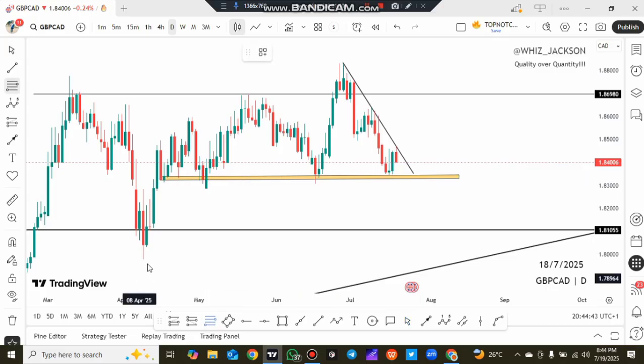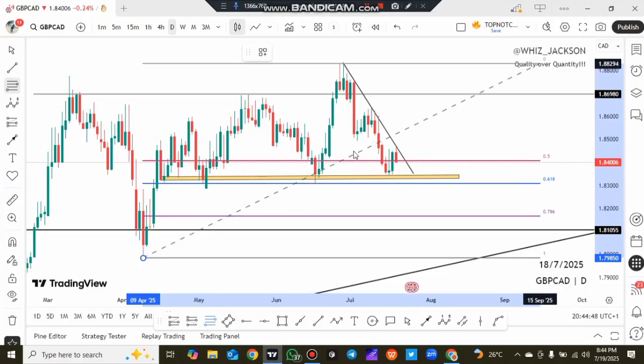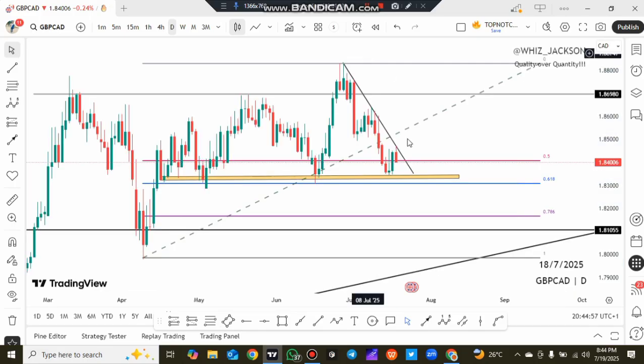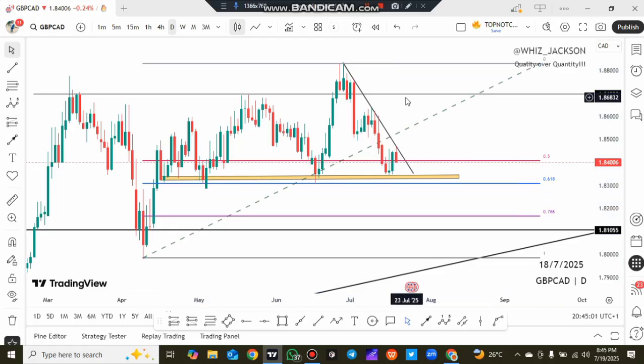So another reason why I'm trying to look for a buy is if we bring a Fibonacci from this swing low to swing high, you see that the point where the market currently is, the market is acting in a discount zone. So I'm looking forward to buying the market from this discount zone, and my first level target is going to be this bar.